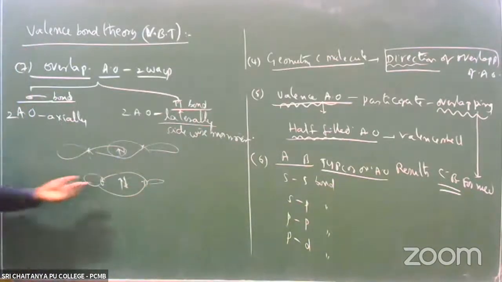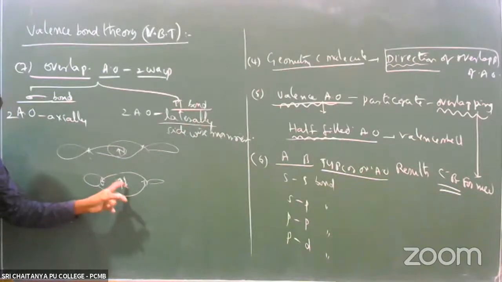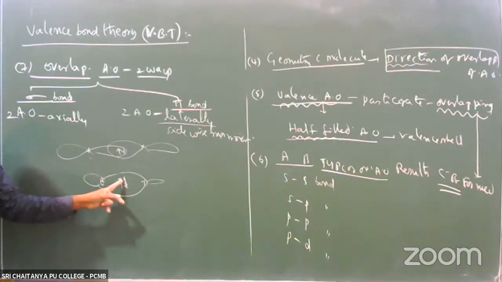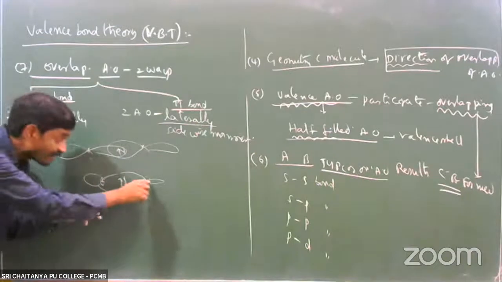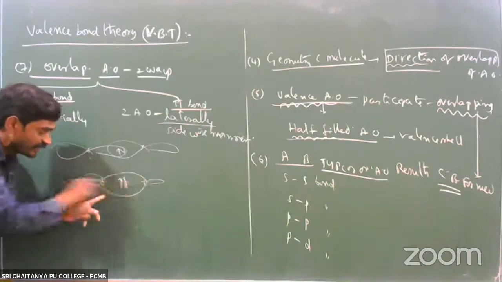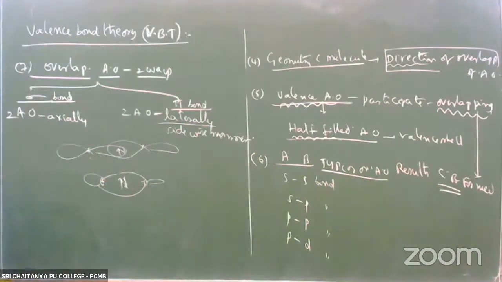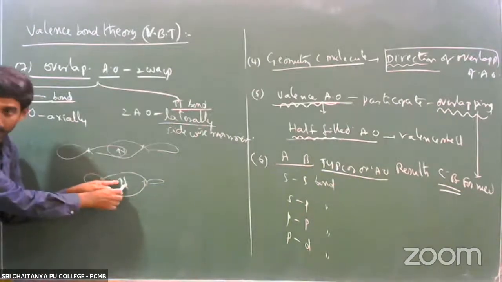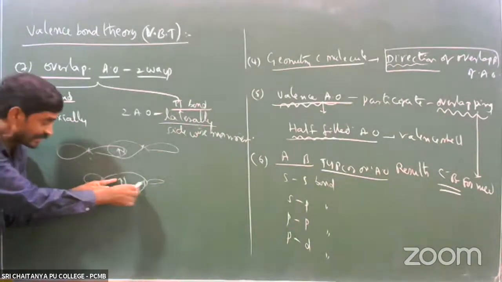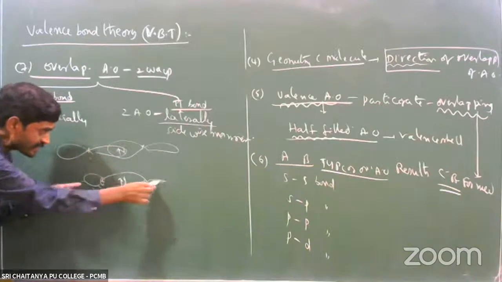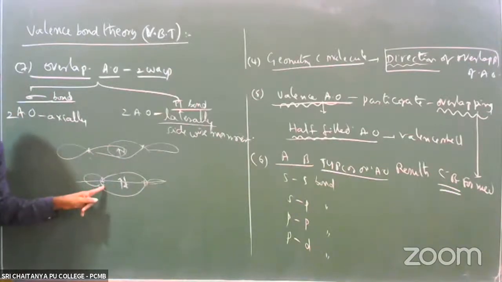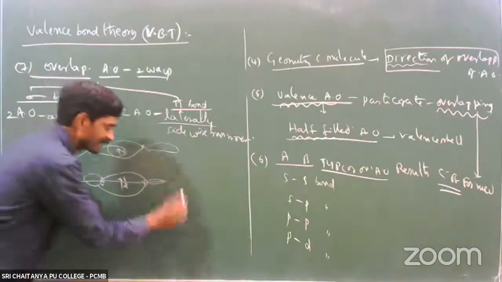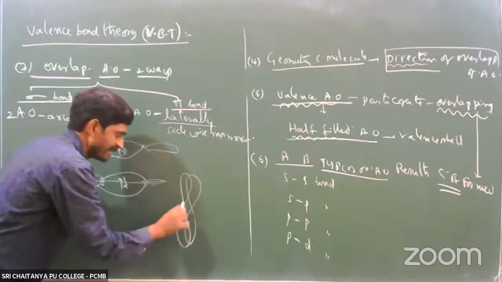Then in the sigma bond, the electron cloud is concentrated along the internuclear axis, right? But in pi bonds, the electron cloud is concentrated above.